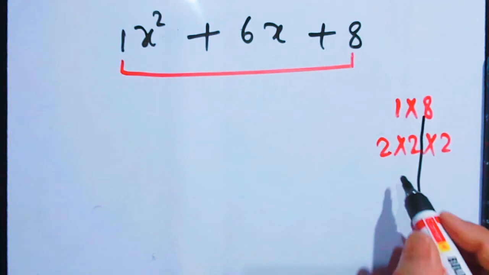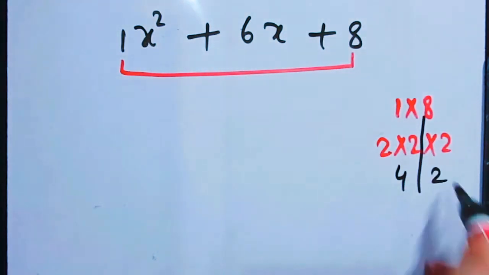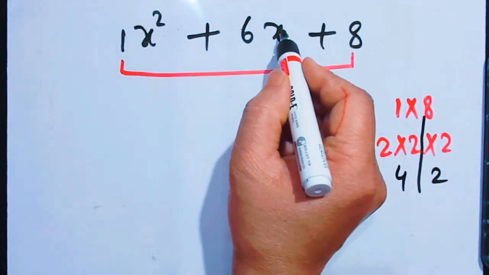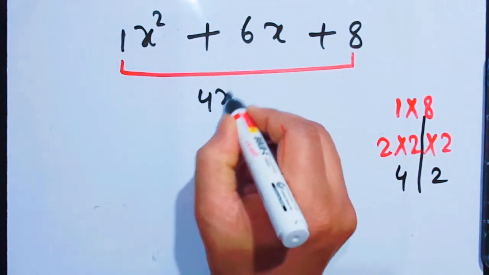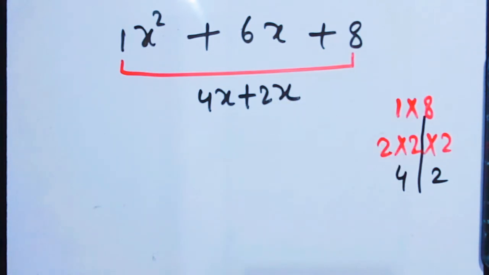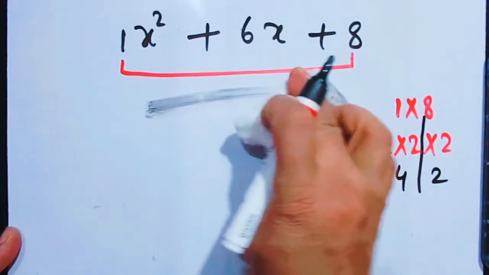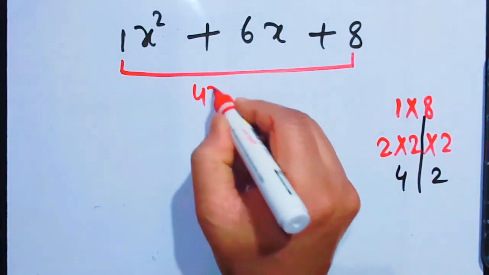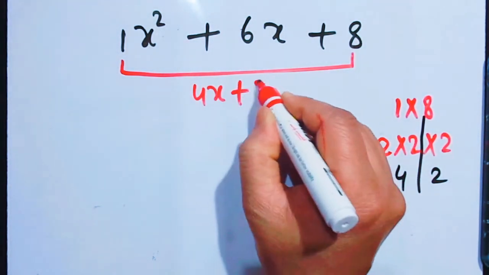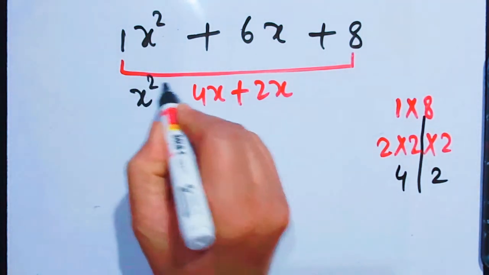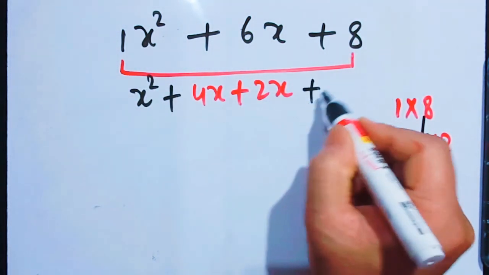So I have taken 4 and 2. So this 6x can be written as 4x plus 2x, and the other two remain as they are, x square and 8.